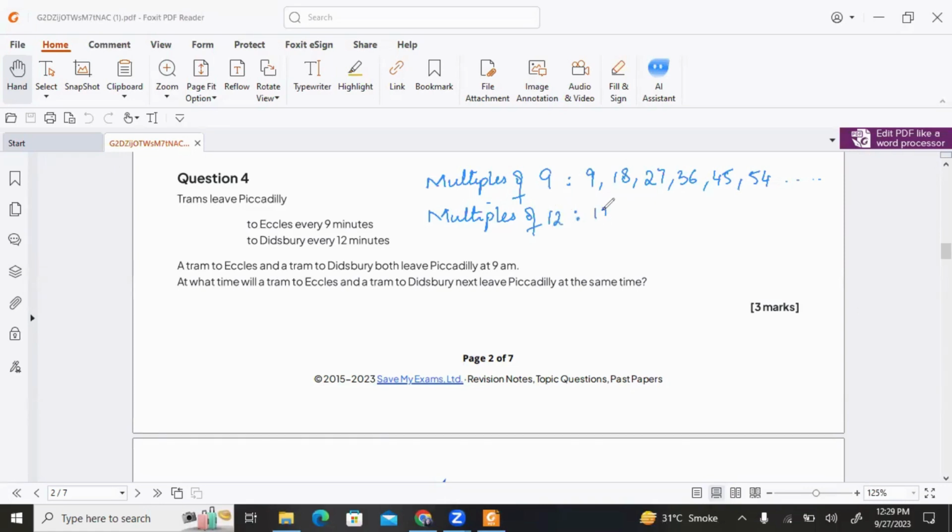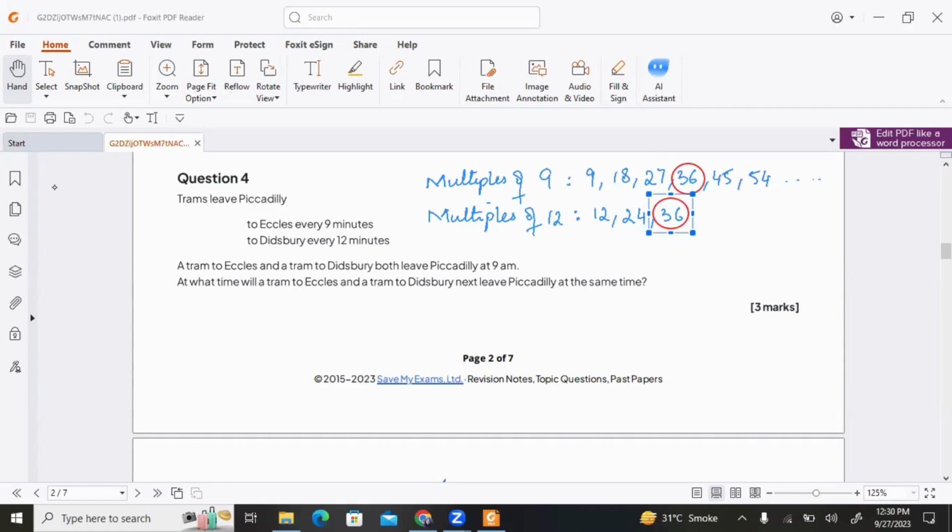For 12, we're going to have 12, 24, 36. Let's stop at 36. Why? Because they're asking for the lowest common multiple. Since we've already figured out that the lowest common multiple is going to be 36, there's no point in spending more time writing the rest of the multiples. Stop over here, save your time, and you have your answer.